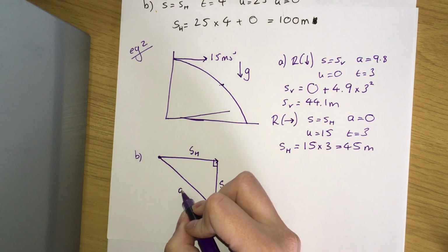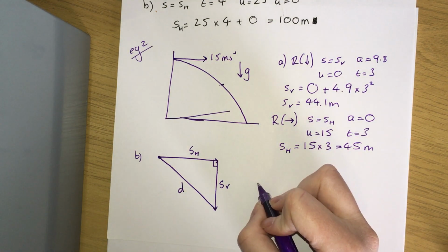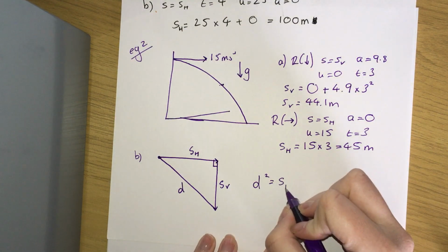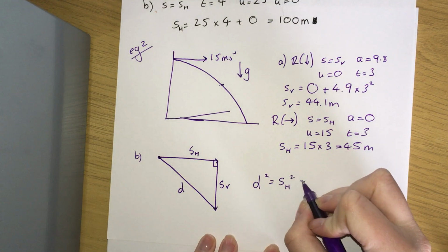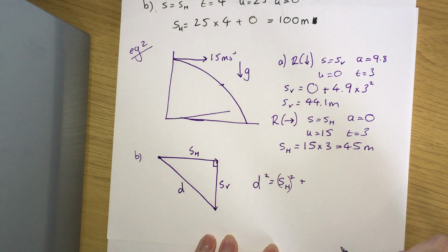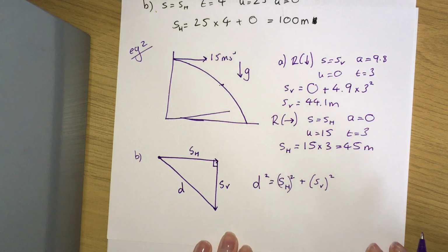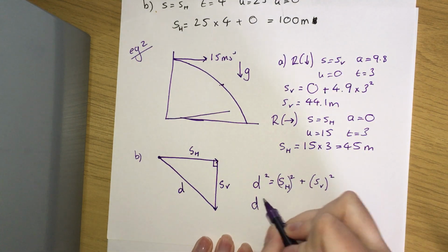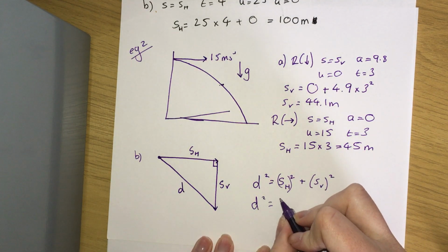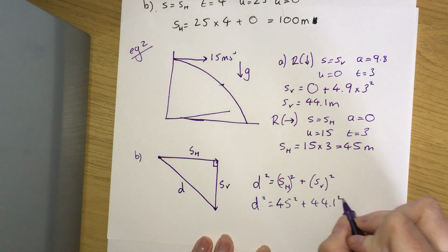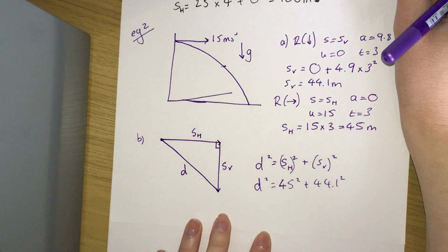So if I call this d, because we're talking about distance, then I know d squared is horizontal displacement squared plus vertical displacement squared. So d squared is 45 squared plus 44.1 squared.